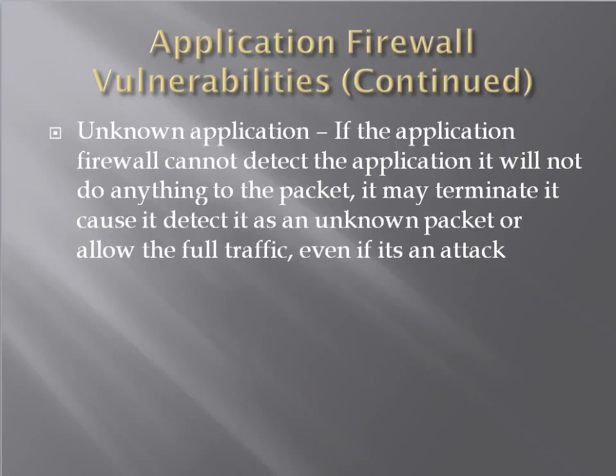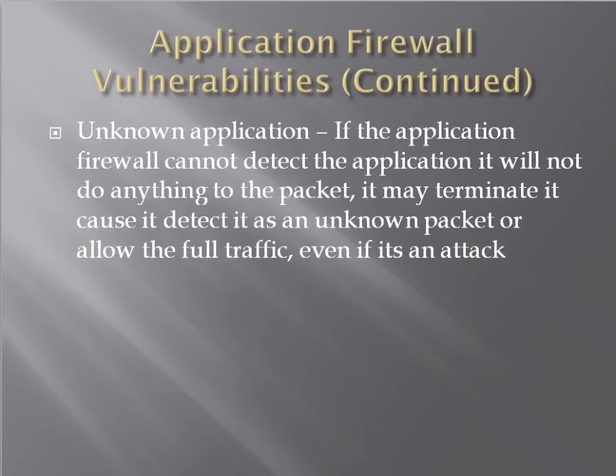Then we've got unknown application, another vulnerability. If the application firewall cannot detect the application, it will not do anything to the packet. It may terminate it because it detects an unknown packet, or allow the full traffic even if it's an attack. This is based on the application firewall itself, what action it takes for an unknown application. But basically, you can send in gibberish to it.